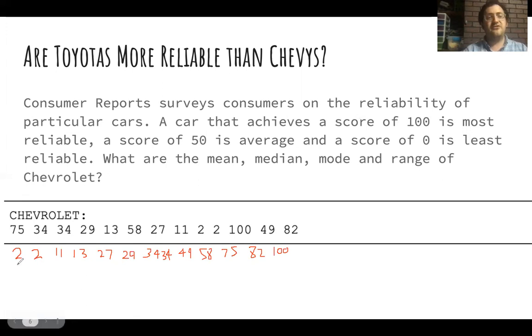And we're just going to find the middle value first by doing the median. So I cross from the left and I cross from the right, and then I'm just going to get right to where I can find that center. So the median is exactly 34.